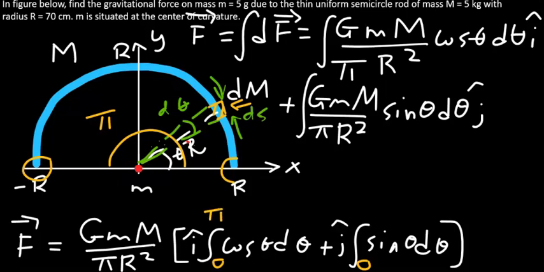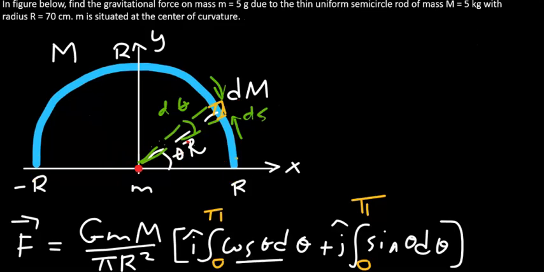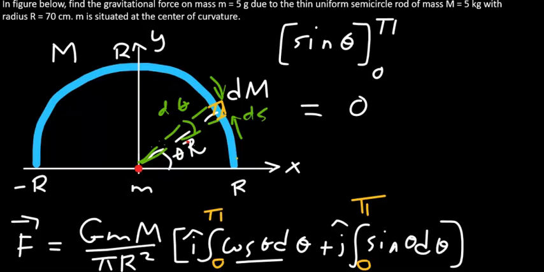So 180 degrees, or pi radians, is the upper limit for theta. Let's look at the first integral. Integrating cosine theta with respect to theta will give you sine theta. Putting in the limits, 0 and pi, will simply give you 0. So that means there is no x component contribution to the force.